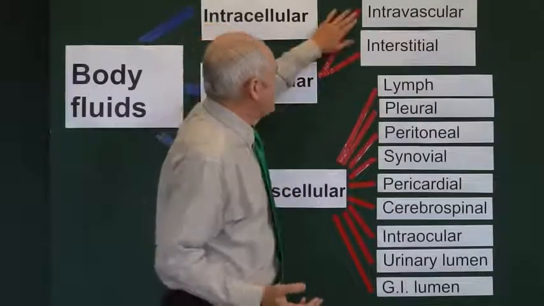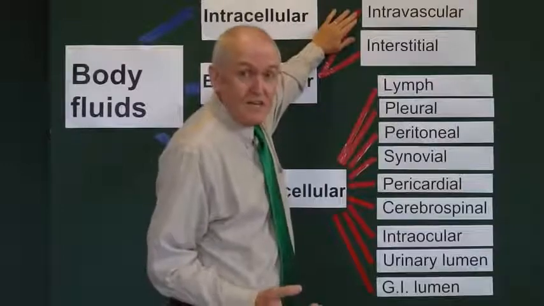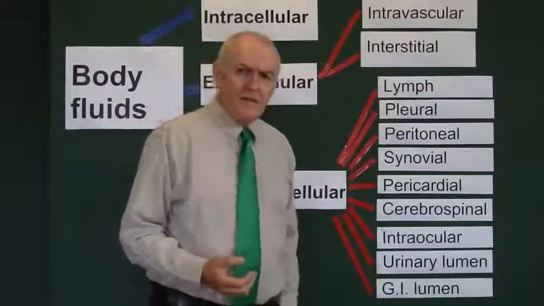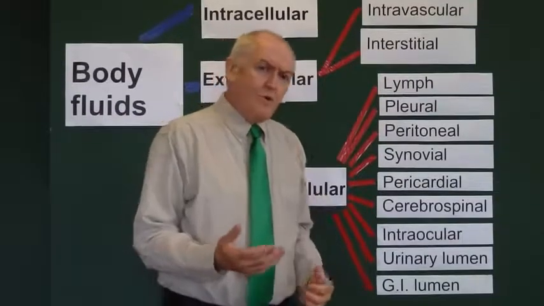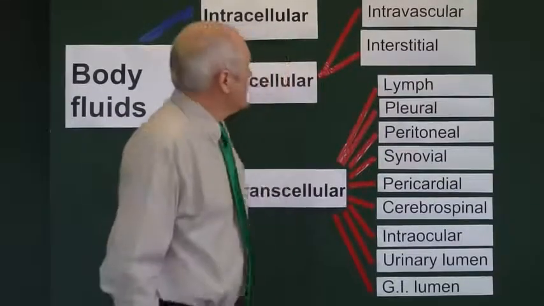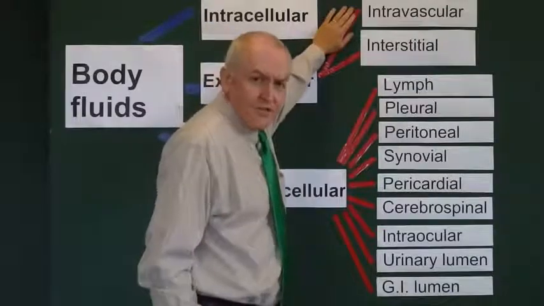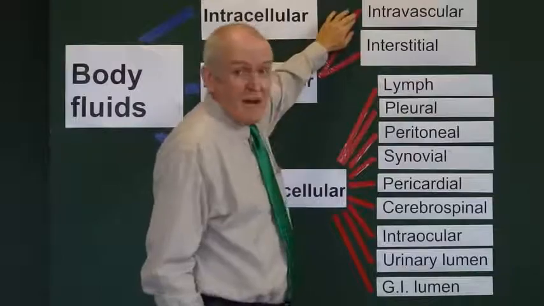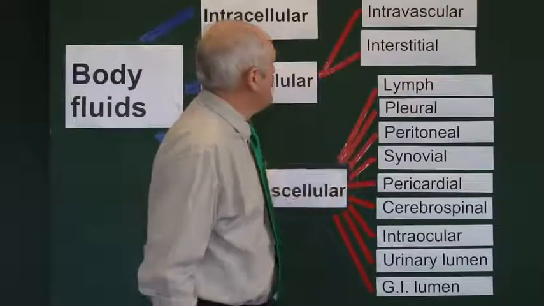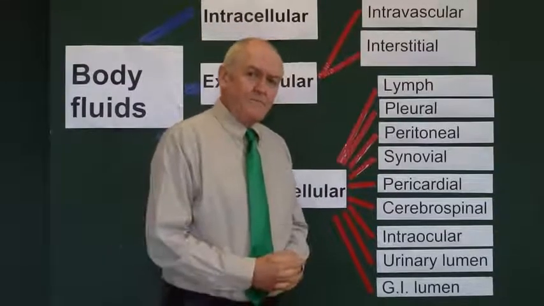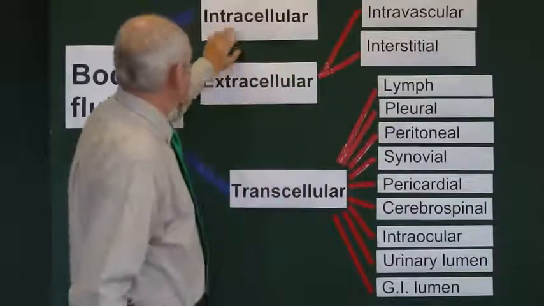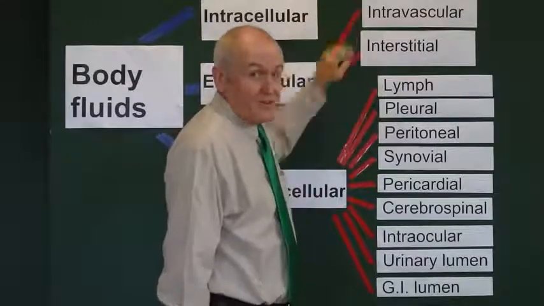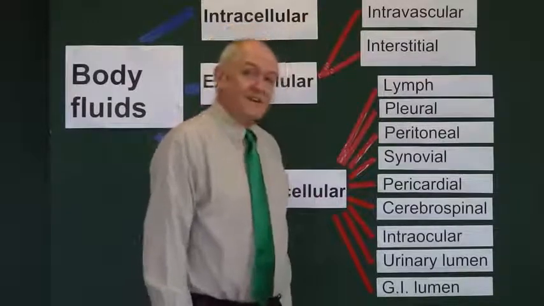And of course that fluid is supposed to be compartmentalised within that intravascular compartment. And in fact, if blood leaks out of that, we would call it hemorrhage. Now, in this stereotypical fit young man of 70 kilograms, there's probably going to be about 5 litres of blood, and about 3 litres of that is water. So we've got about 28 litres in the cells and about 3 litres of water in the blood in the intravascular compartment.